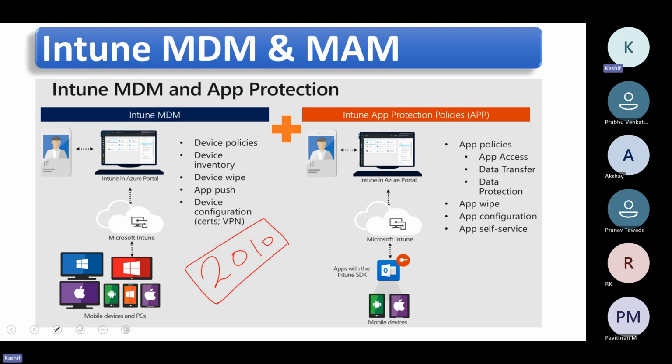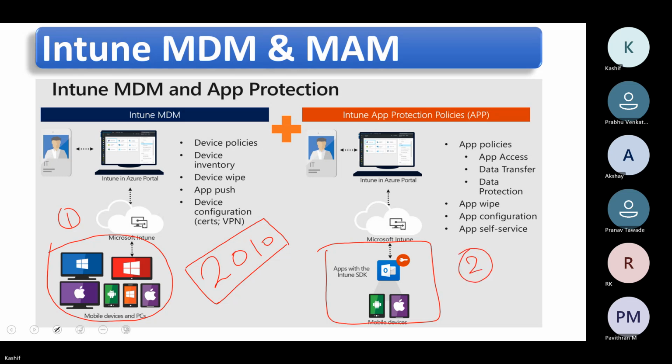Now Intune does various things, but the primary roles and responsibility of Intune is MDM, mobile device management, right? And the second, mobile application management. These are the two primary roles and responsibility of Intune. MDM, mobile device management, and MAM, mobile application management.